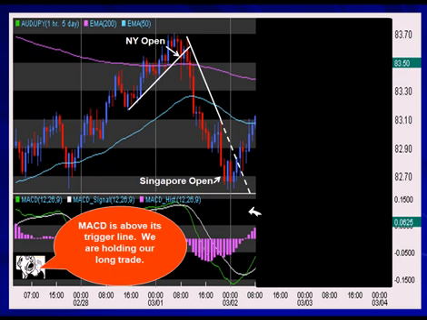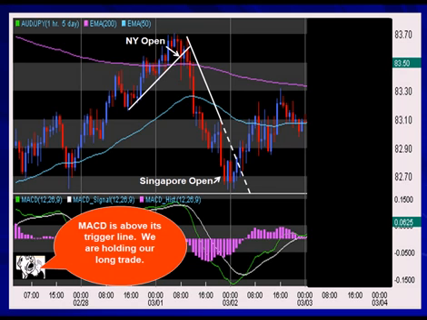You can follow along with the caption bottom left part of your screen here. A bit of a market correction here, which would cause some traders to exit this long trade. But again, MACD is still above its trigger line, so we're going to hold.